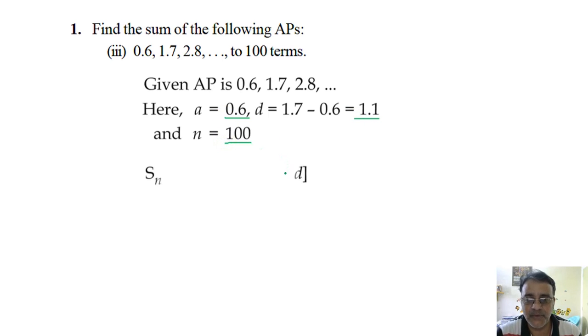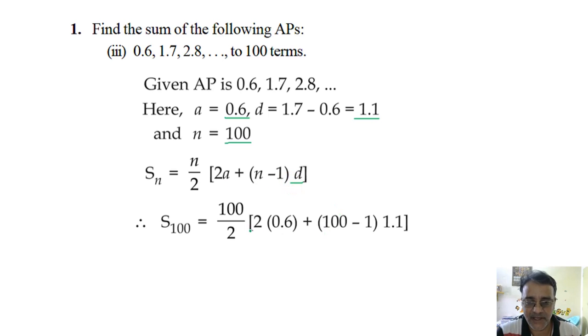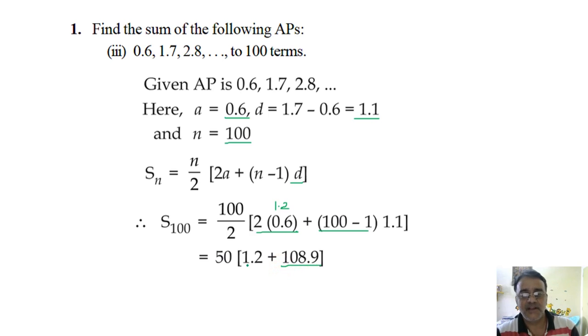Now we'll write the formula n by 2 into 2A plus n minus 1 into D and substitute all the values: 100 by 2, 2 into 0.6, 100 minus 1 into 1.1. So this will become 1.2, and 99 into 1.1 is 108.9. Then add these two and multiply with 50. You will get the final answer 5505. Any doubt here?